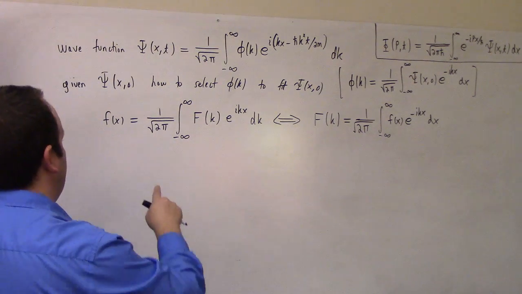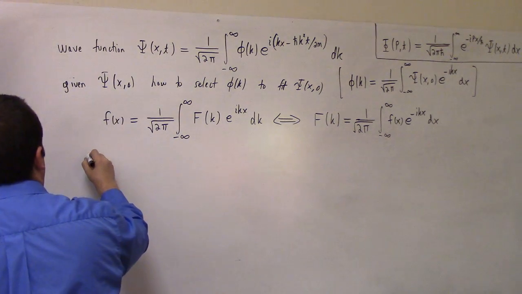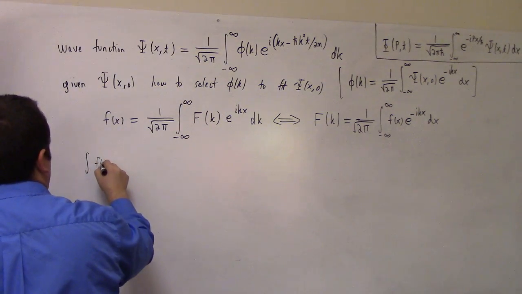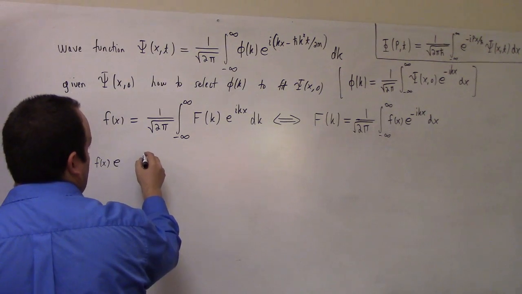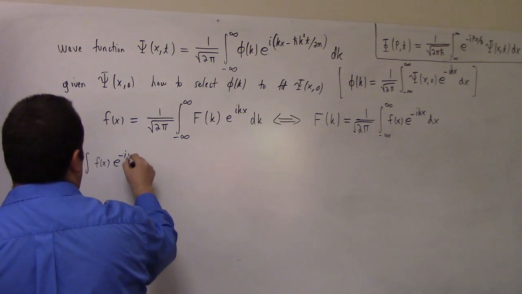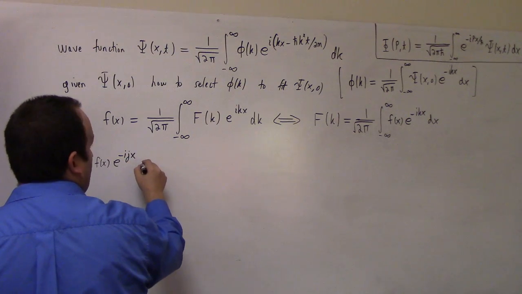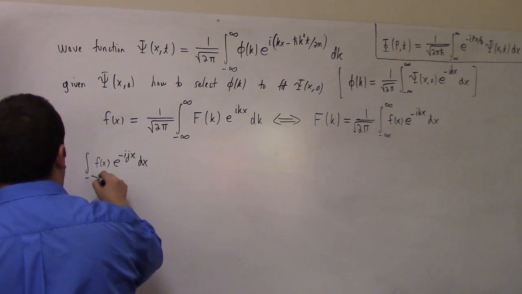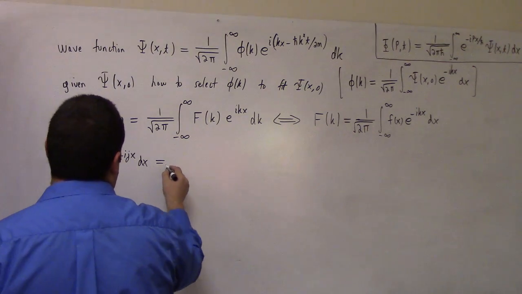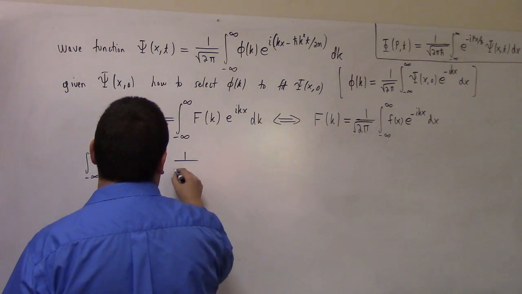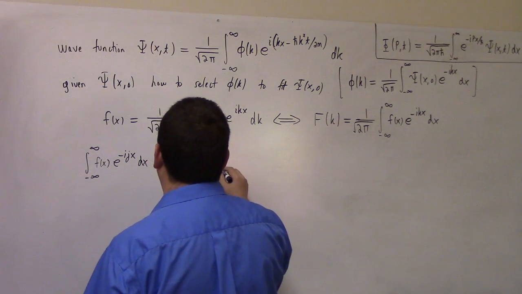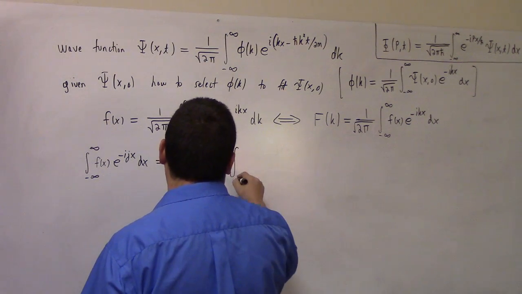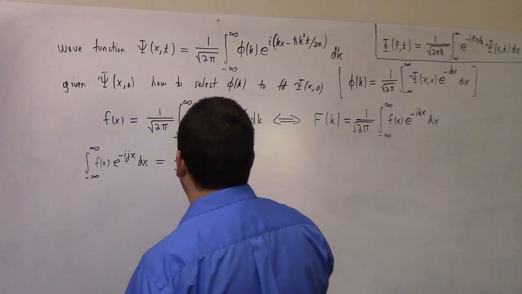If I take this here and integrate, say, f of x times e to the minus i j x dx from minus infinity to infinity, that will be 1 over the square root of 2 pi, the integral from minus infinity to infinity of what?